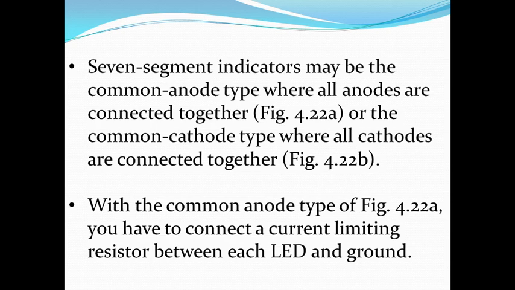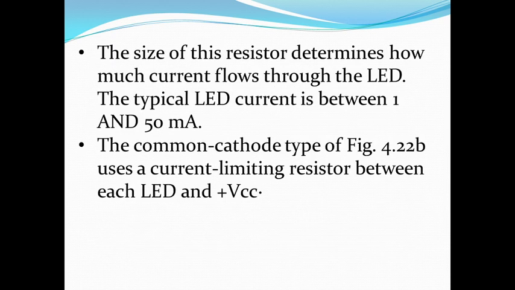The 7-segment indicator may be the common anode type, where all anodes are connected together, or the common cathode type, where all cathodes are connected together. With the common anode type, figure 4.22a, you have to connect a current limiting resistance between each LED and ground, because each LED can tolerate a current from 1 milliampere to 50 milliampere, depending upon how much illumination you require and the size of the LED.